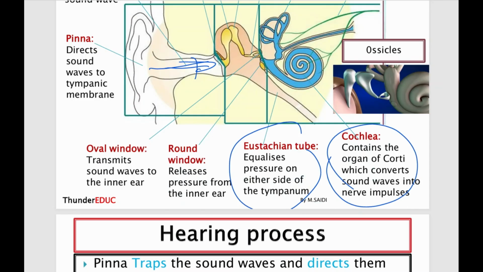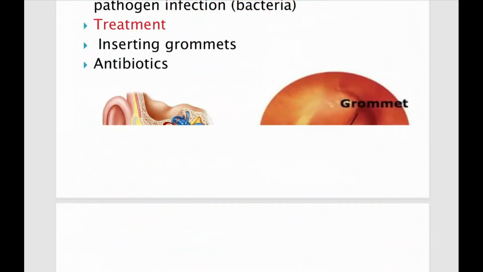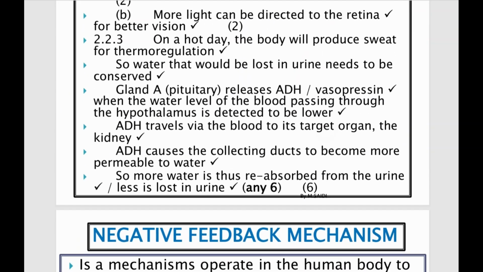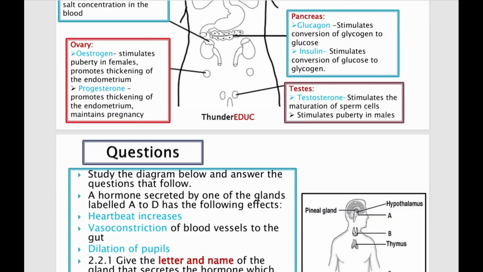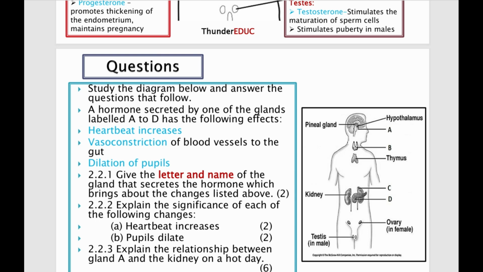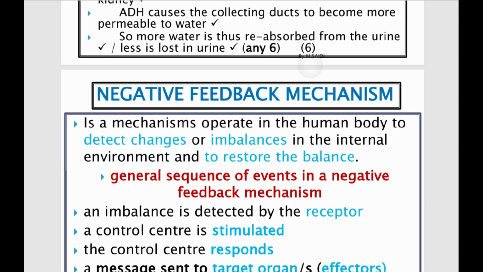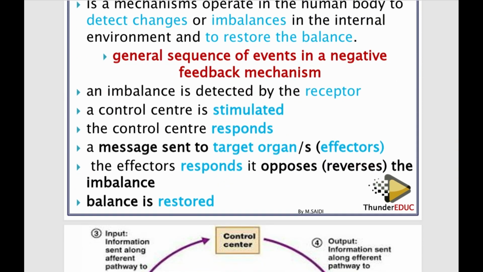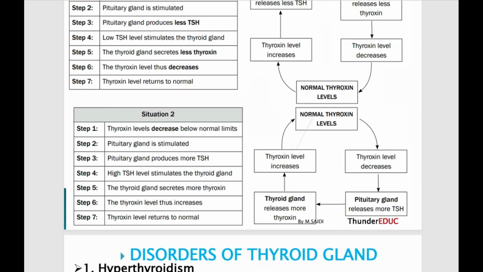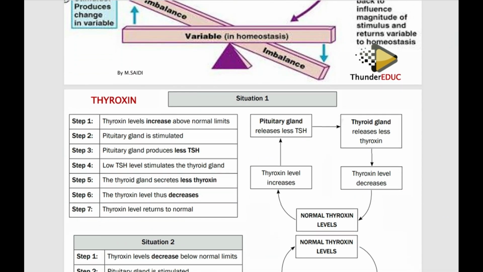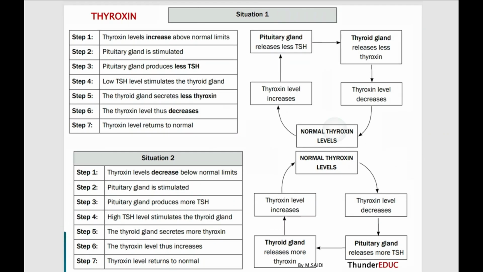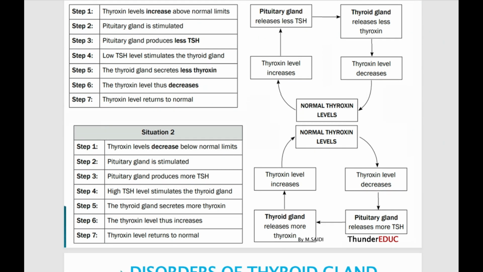Meaning that here you are talking about the negative feedback mechanism of thyroxine. As I told you yesterday, this is what they brought. They won't bring the carbon dioxide because they brought it in the project. What they are looking at here is when there is a high level of thyroxine.